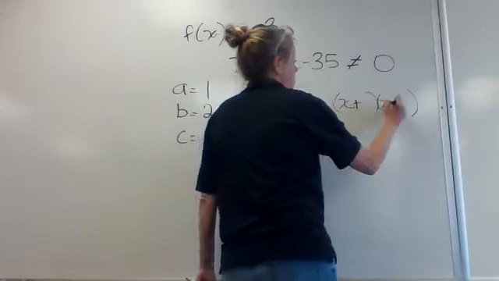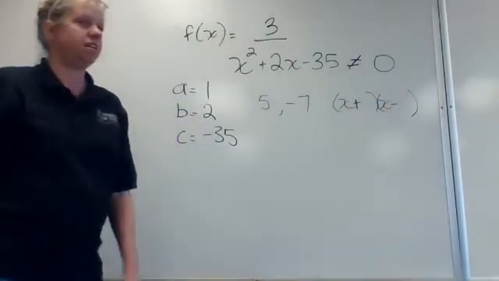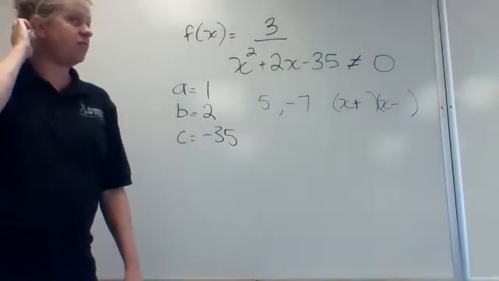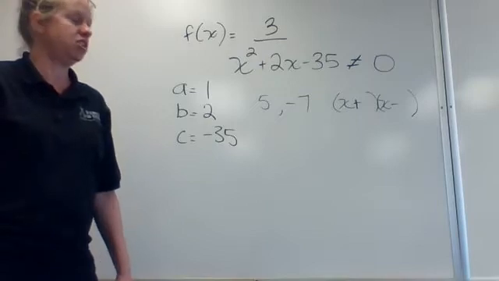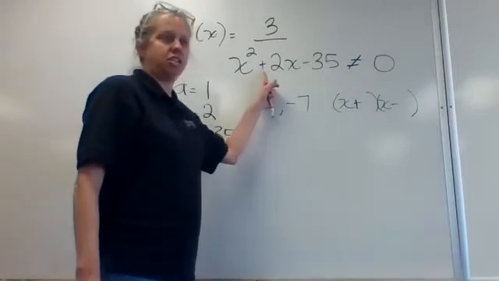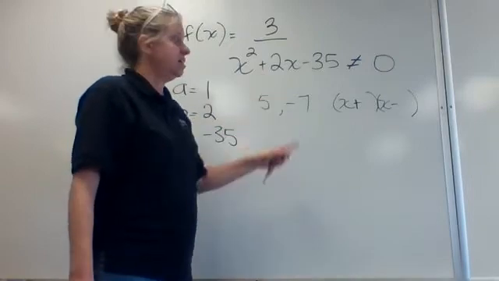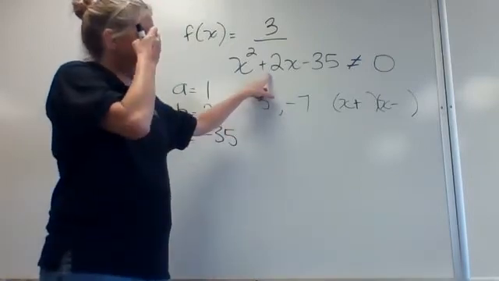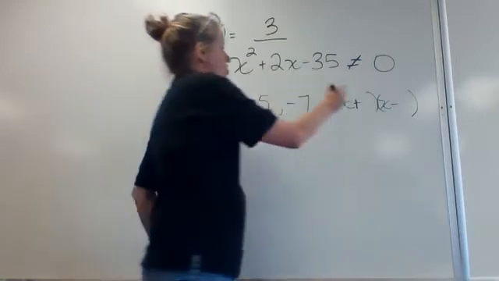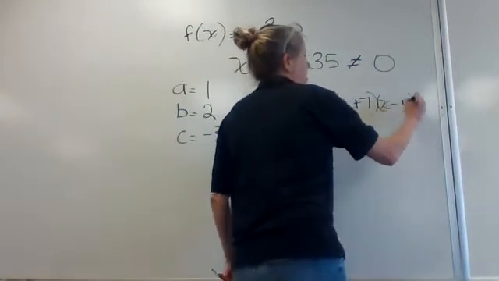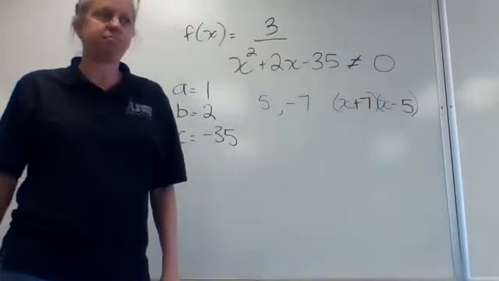Right, you're going to have different signs to multiply to get a negative. The factors of 35 are 35 and 1. There's no way I'm going to make that add to 2. What's the other 2 factors of 35? 5 and 7. If I need that to equal positive 2, I need positive 7 and negative 5.